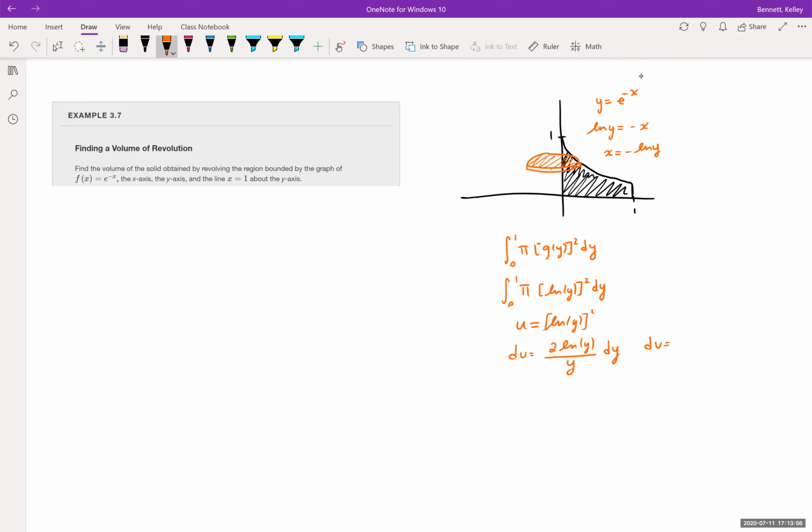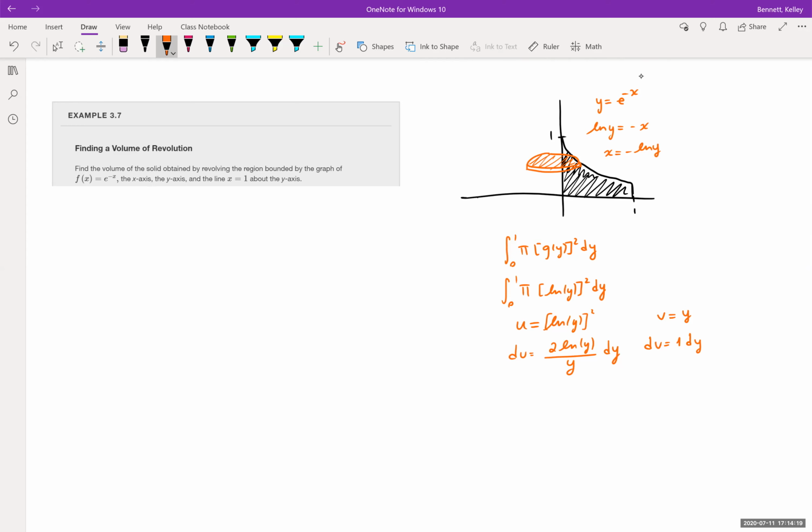And then you could have dv equal to 1 dy, and then v would just be y. Okay, so then you'd have y ln y squared minus the integral of 2 ln y.